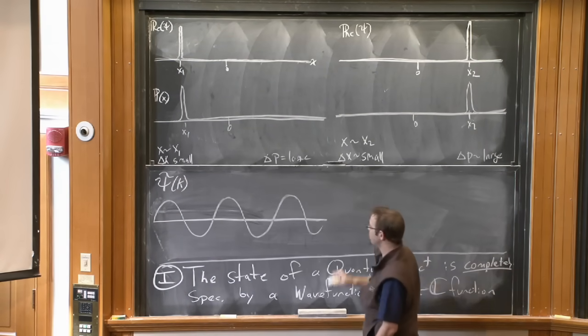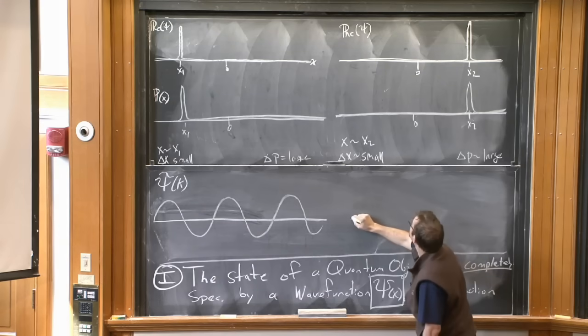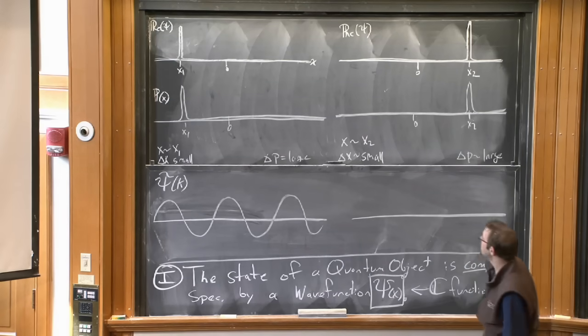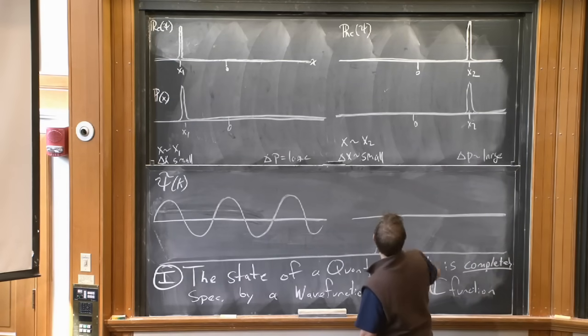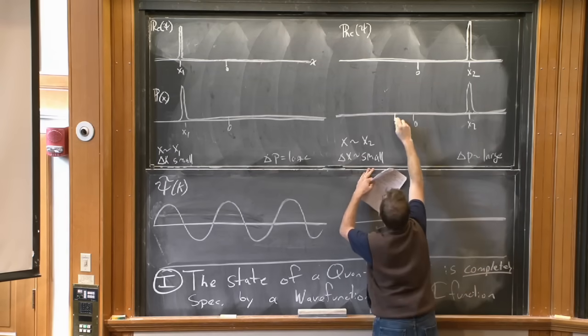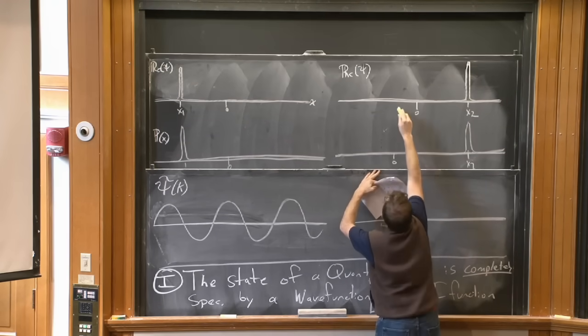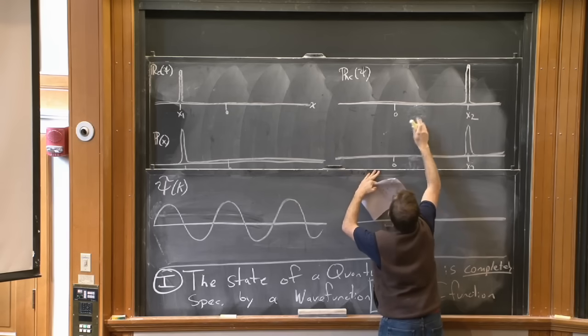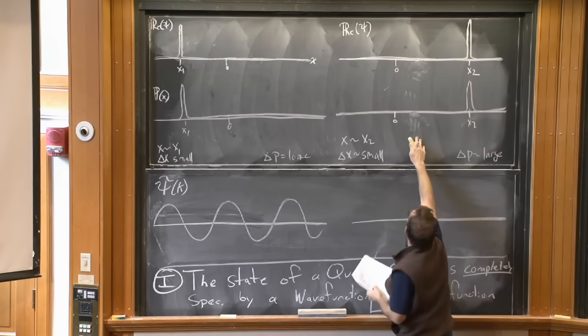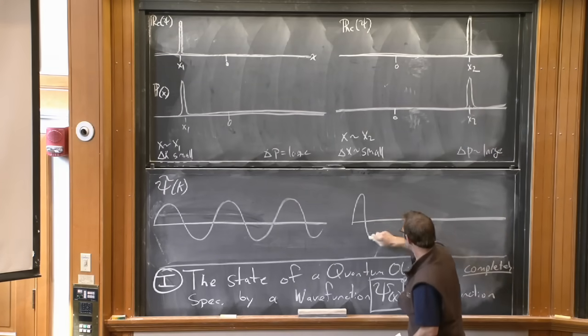And again, I'm drawing the real part. And here, x2, had I had my druthers about me, I would have put x2 at a larger value. Good. So it's further off to the right there.